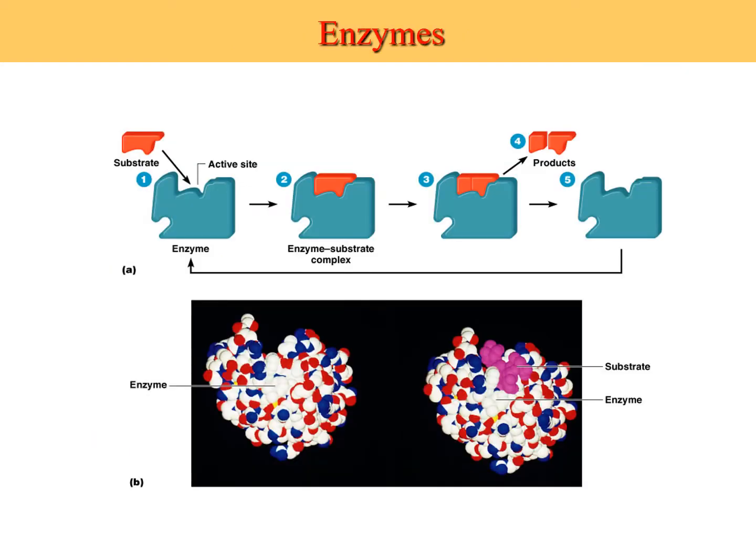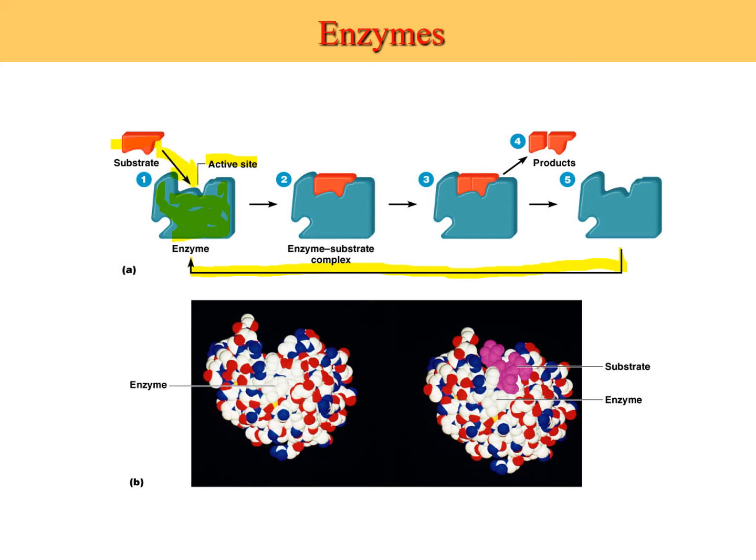And this is shown in this drawing by some artist here. What you have is a substrate, and this in green here is the enzyme. If you recall, the vast majority of enzymes are proteins, and they have an active site where they can interact specifically with the substrate.